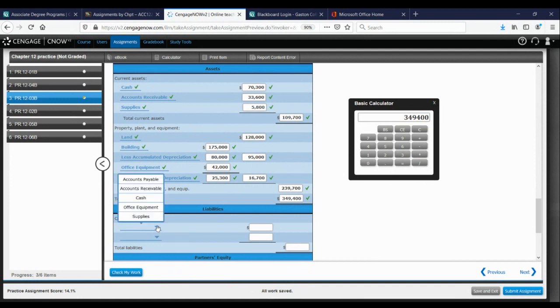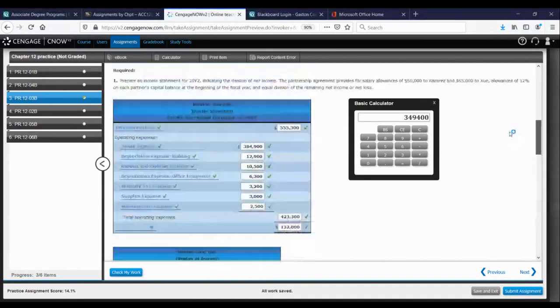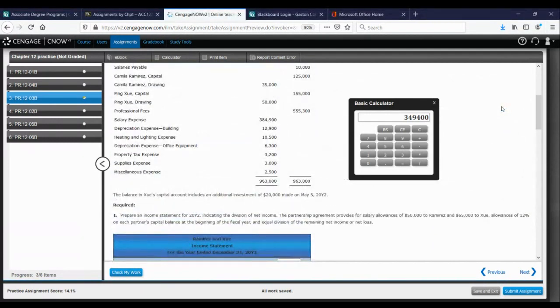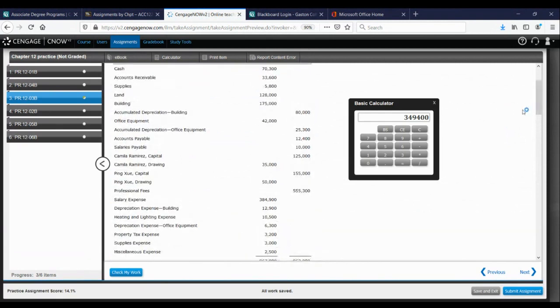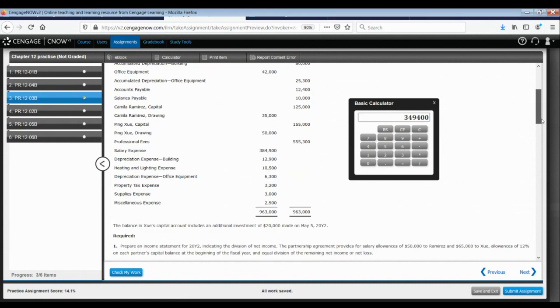Your current liabilities are accounts payable and salary payable. The accounts payable was given. Accounts payable is $12,400.